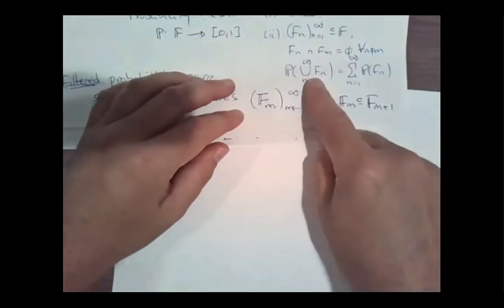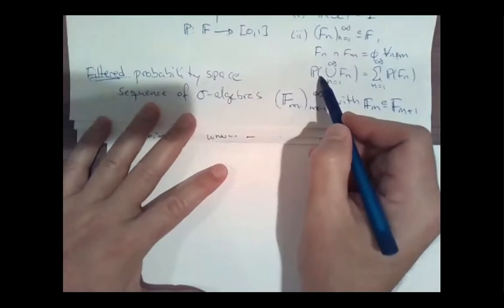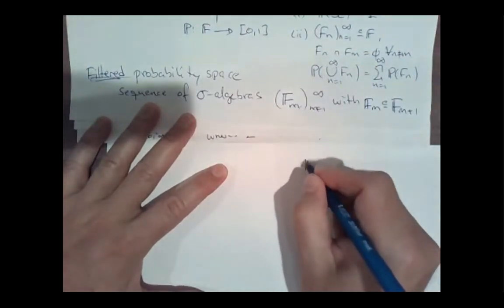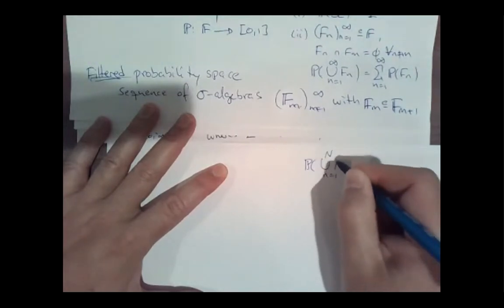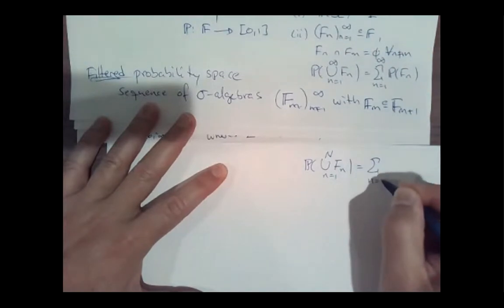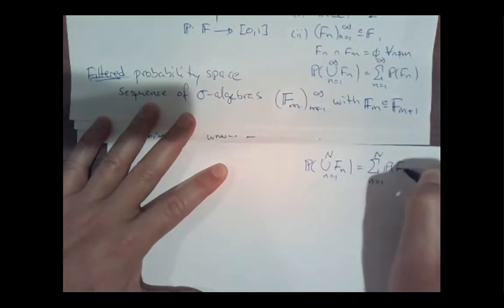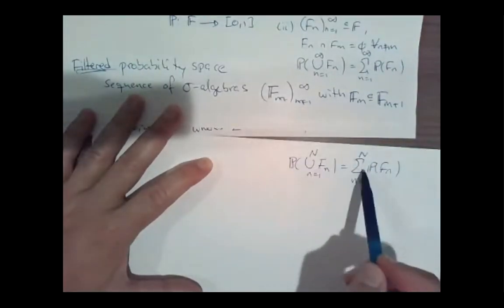From this one you can quite easily get that this is strictly stronger than demanding something like a finite union. You can quite easily get from the one you have up here down to the one you have here.